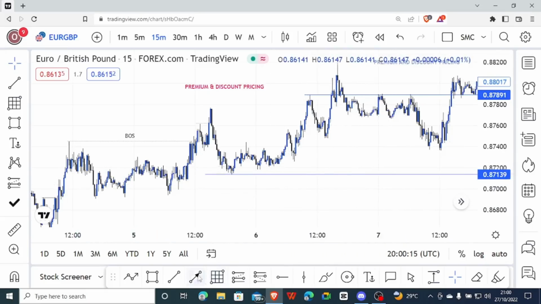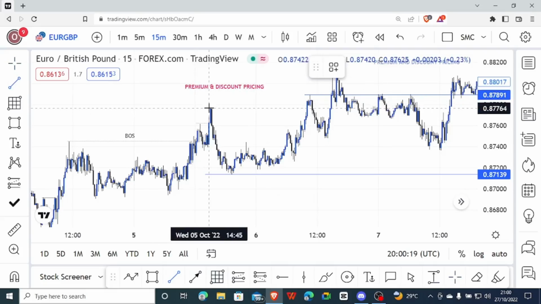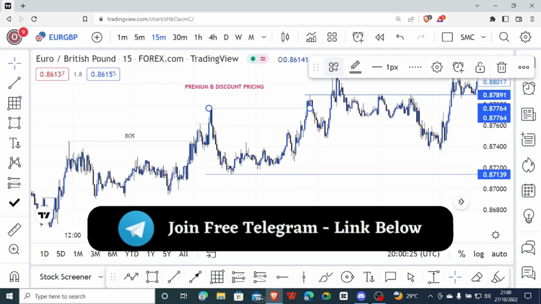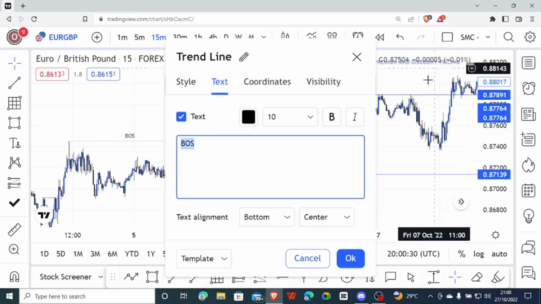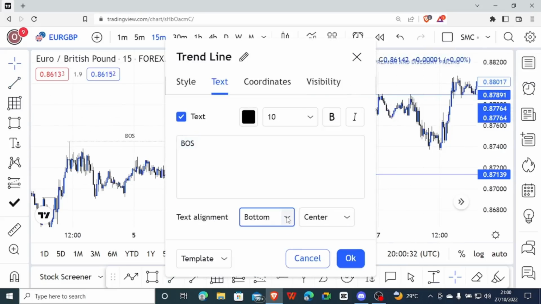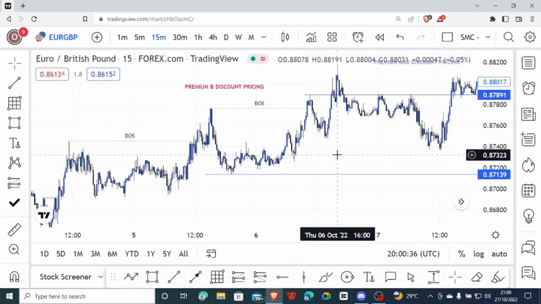Where is your break of structure? Well, your break of structure is here. Let me denote that for you to see. That's your break of structure, guys.